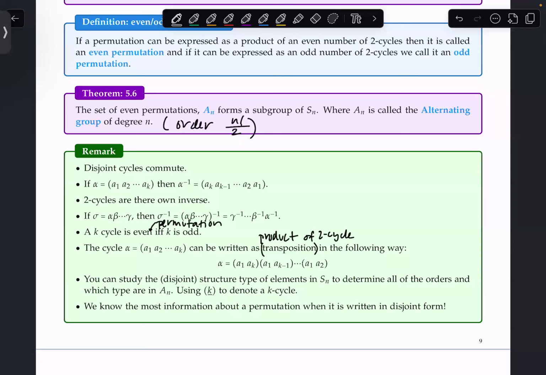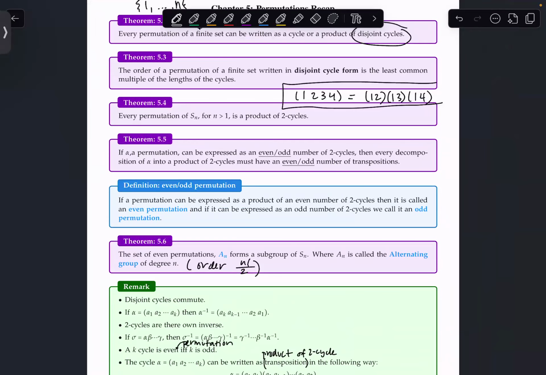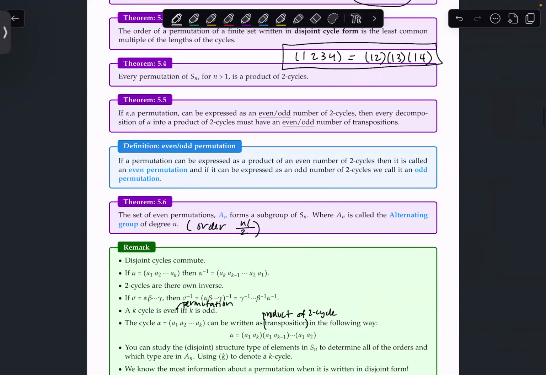Again, I know I can write this as (A1 A2) on the right, then next to it (A1 A3), all the way down until I get to (A1 A_{k-1}), the second to last, and then (A1 A_k), the very last one here. So going in the reverse order, just like we saw through this example. That's just the general form of how to write it as the product of two-cycles here.